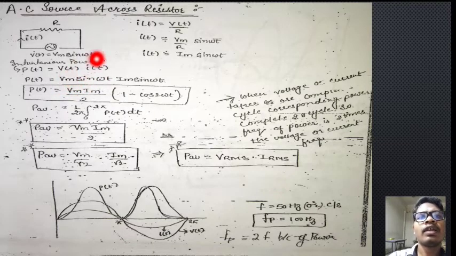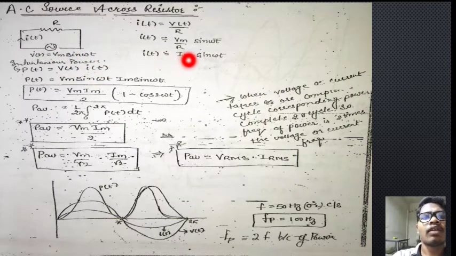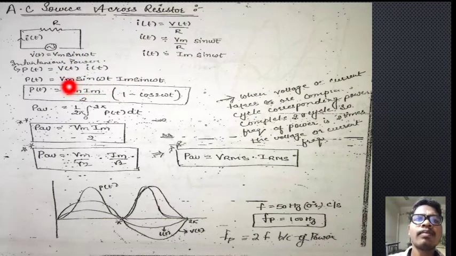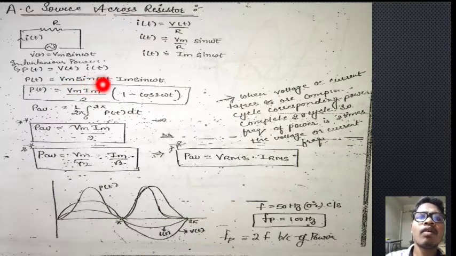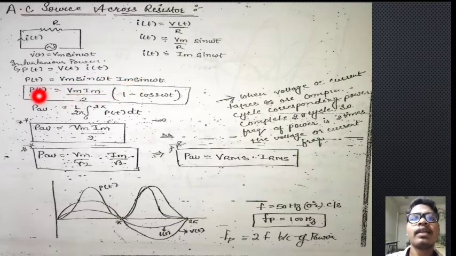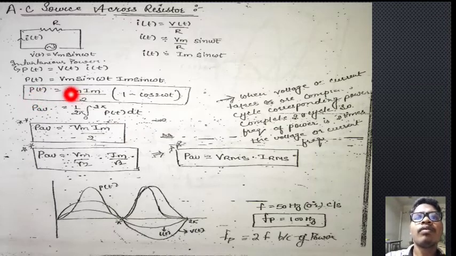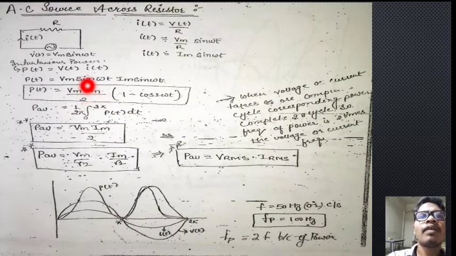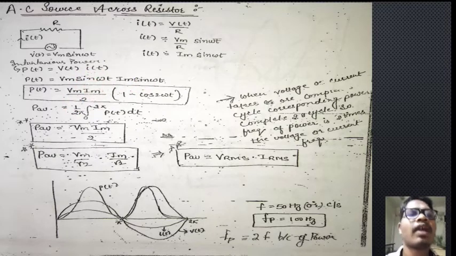For v(t) here, Vm sin omega t, and for i(t) here, Im sin omega t. So p(t) is equal to Vm into Im, taking the maximum values on one side, into sin omega t times sin omega t, that is sin square omega t. I have already discussed the sin square omega t formula, that is 1 minus cos 2 omega t divided by 2.